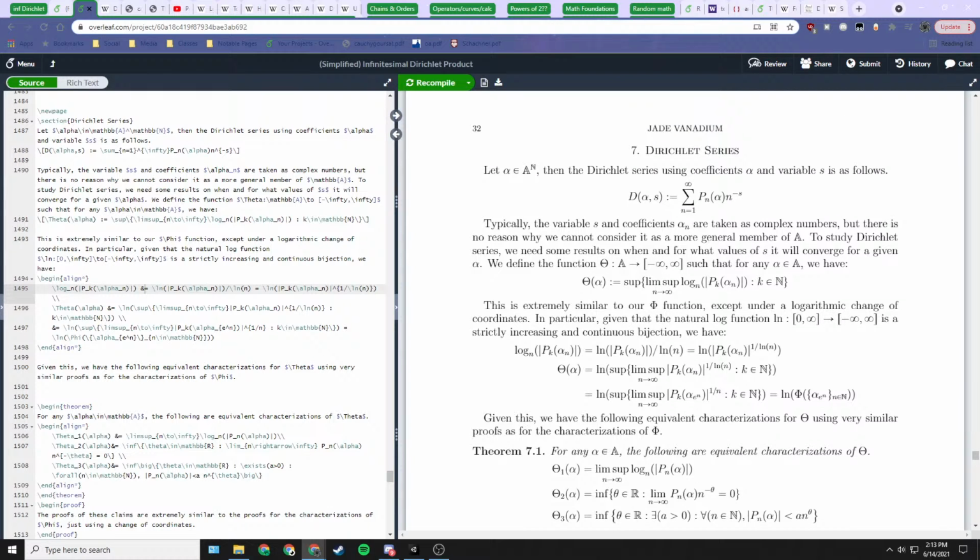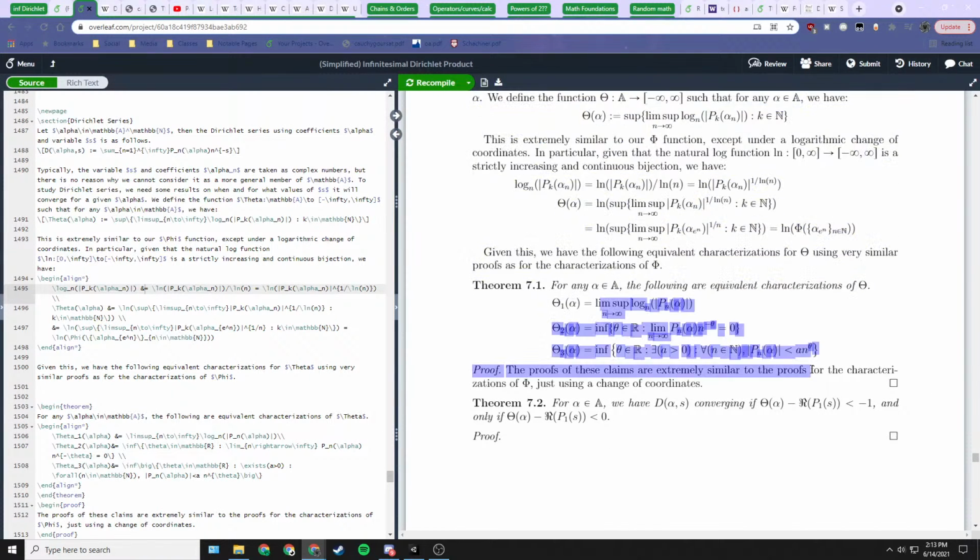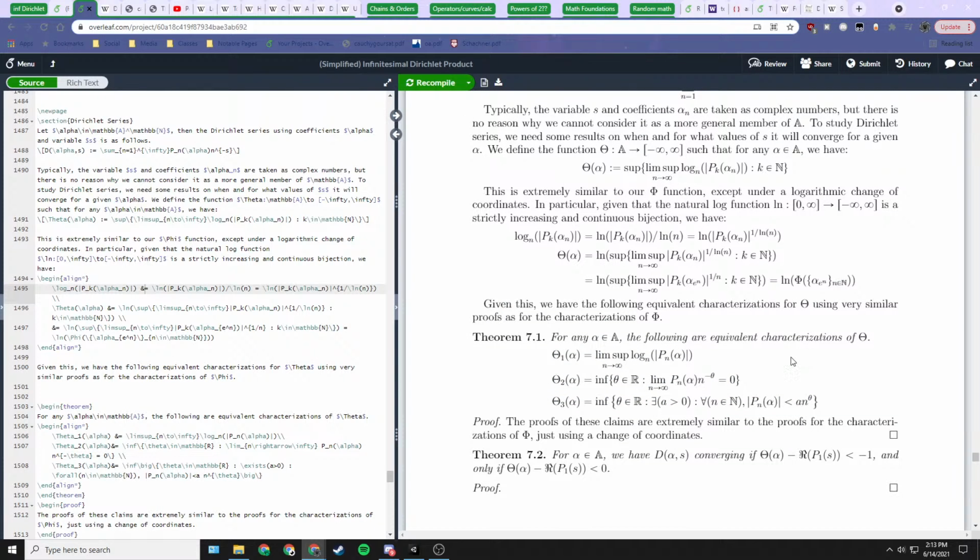So we're using our theta function here. We just have this definition, and we're doing exactly the change of coordinates. This is going to give us, first of all, all of these characterizations for free. It's also going to give us a whole bunch of the other rules that we had for the phi function.